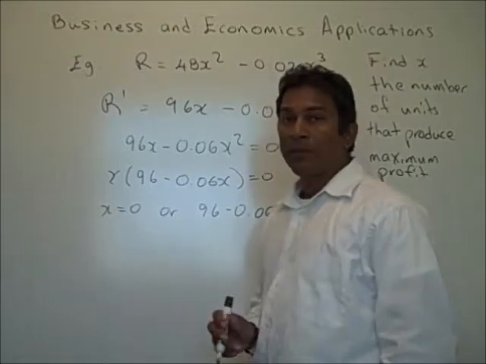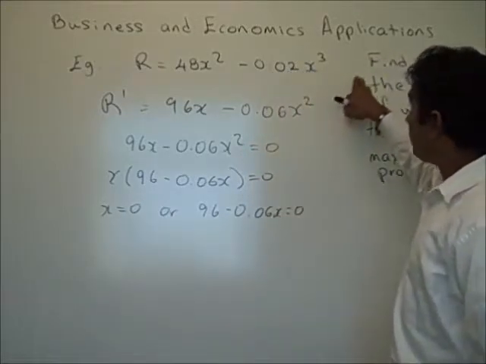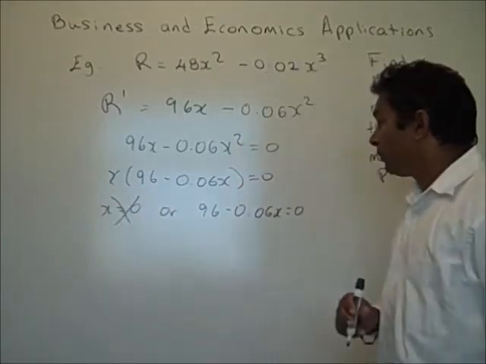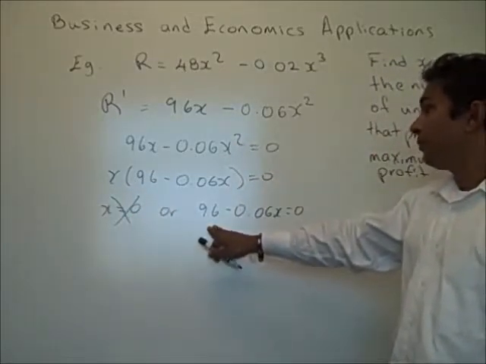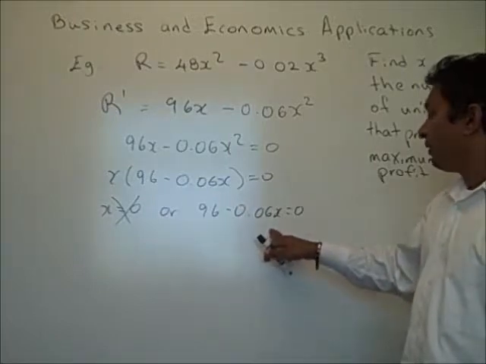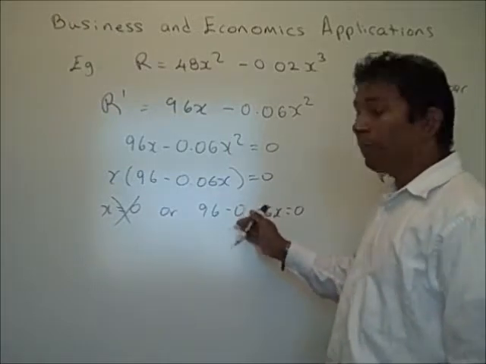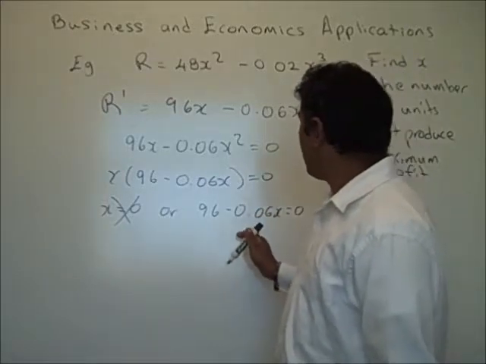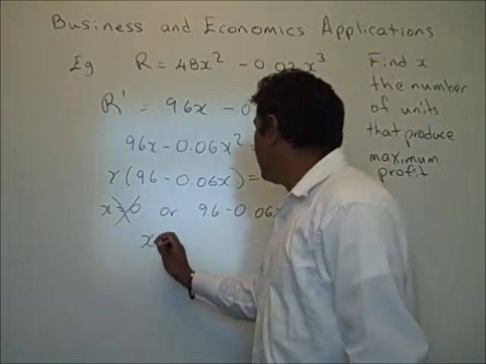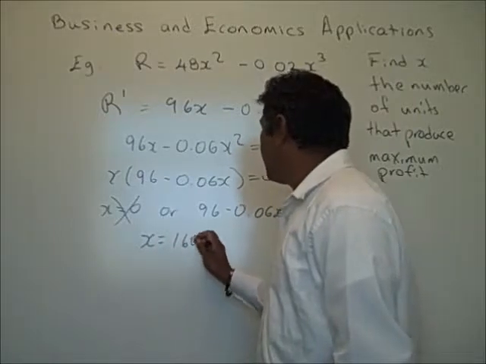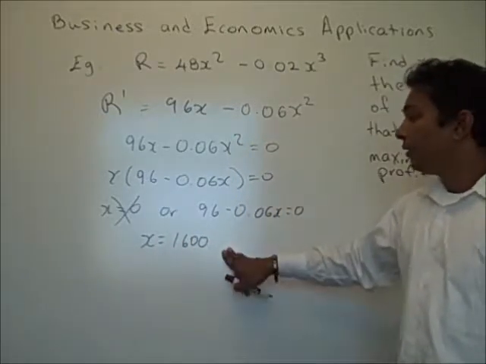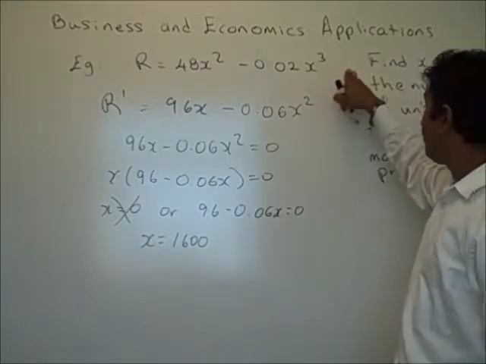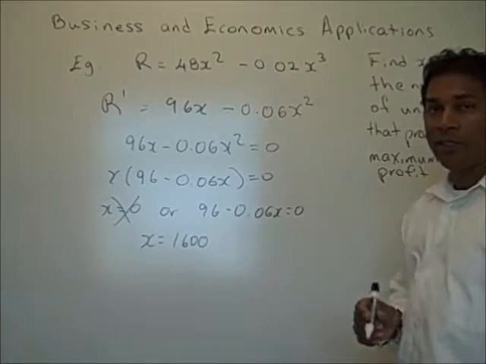Now here we have x is equal to 0. We know that 0 units will not produce the maximum revenue, right? So here we're going to set 96 minus 0.06x equal to 0 and solve this. If we bring over the 0.06x and divide both sides by 0.06, we get x is equal to 1600. So here this is our critical value, or the number of units that will produce our maximum profit.